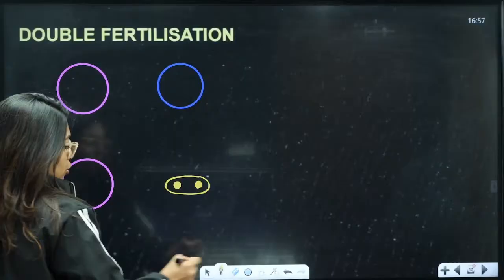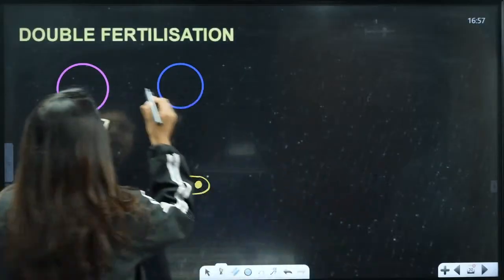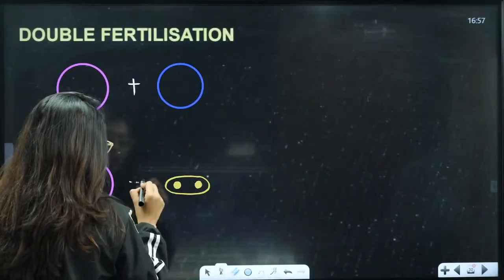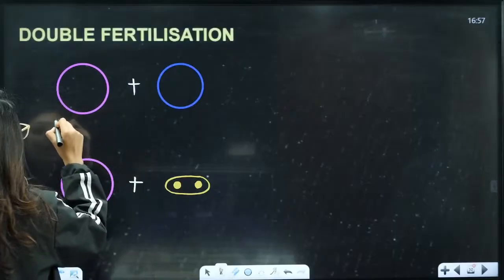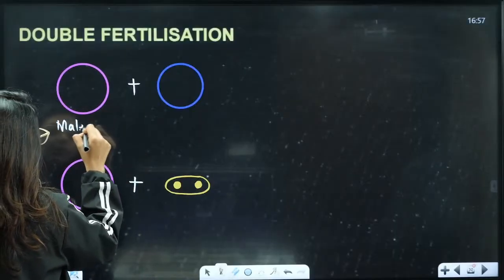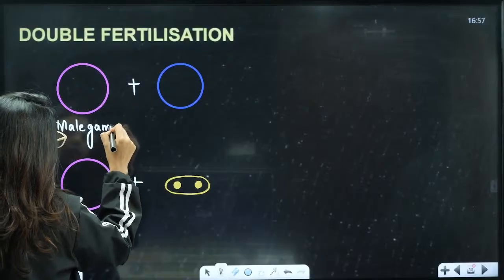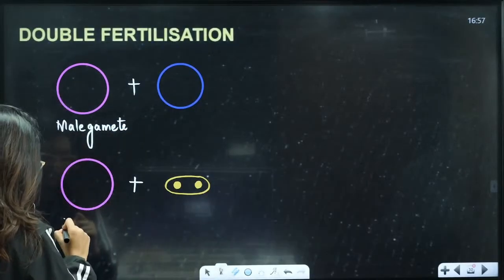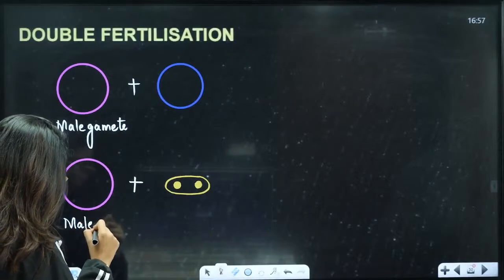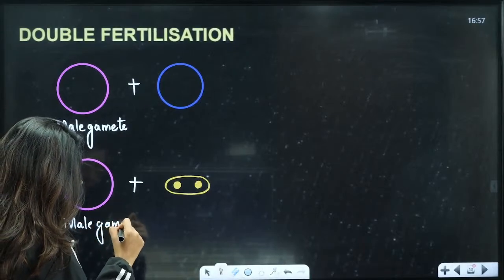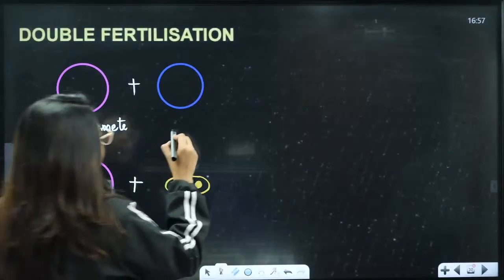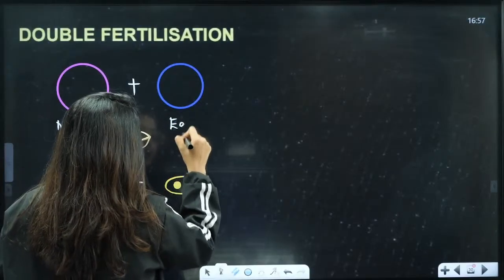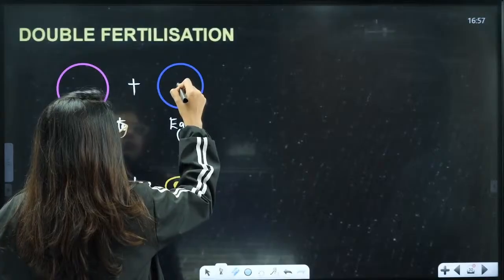It will fuse with the polar nuclei. So it's here, these two plus and these two plus. That means here a male gamete, here also a male gamete. Here the male gamete is going to fuse with the egg.